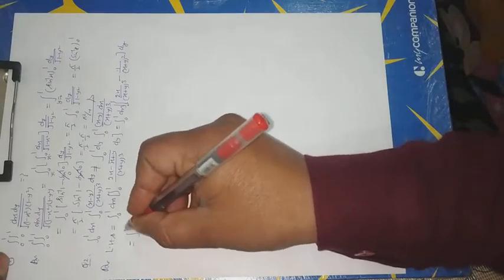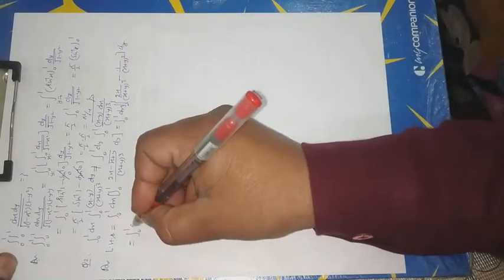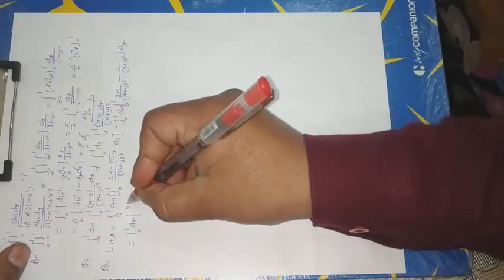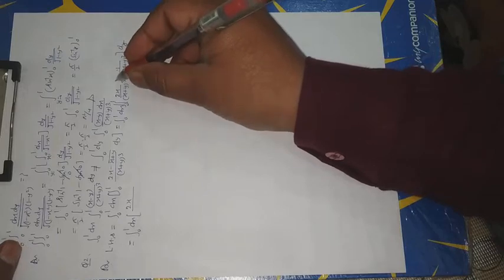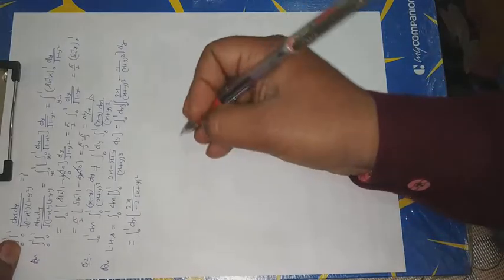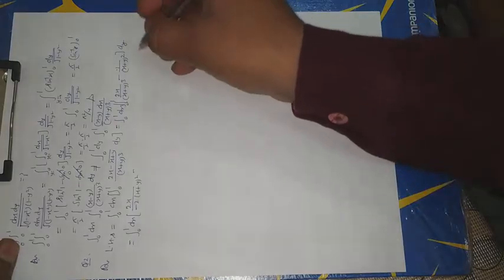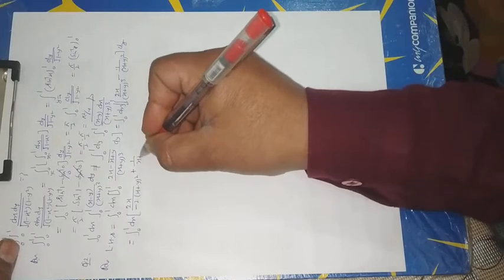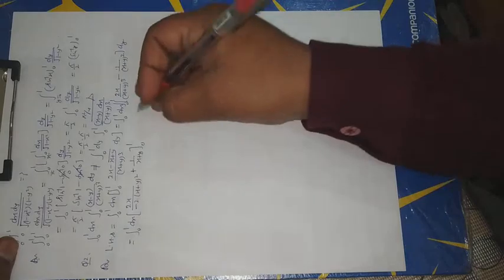Now this is equal to limit 0 to 1 dx, the integration of this: 2x as it is, the integration of x plus y whole power minus 3 is equal to minus 1 over 2 x plus y whole power 2. Now integration of this with respect to y, minus plus 1 upon x plus y. Now limit 0 to 1.